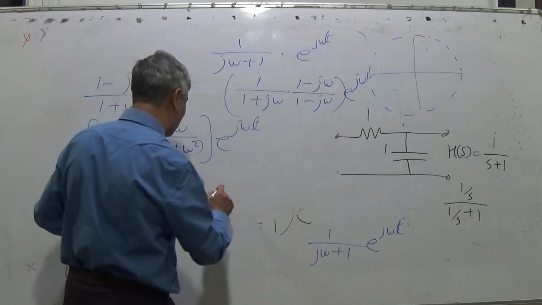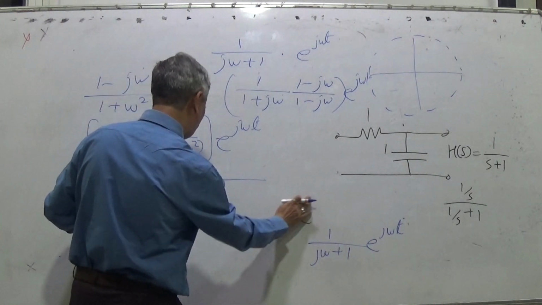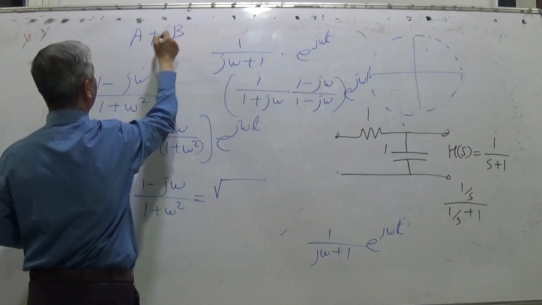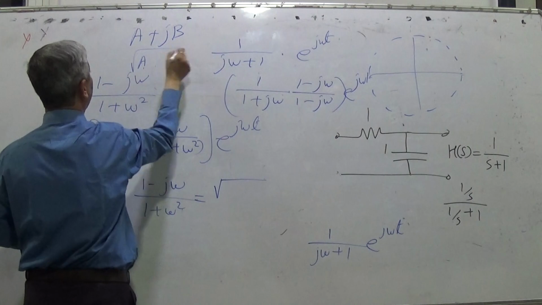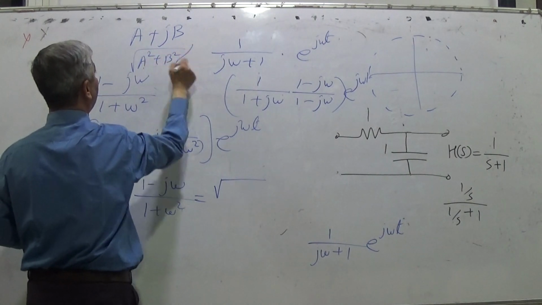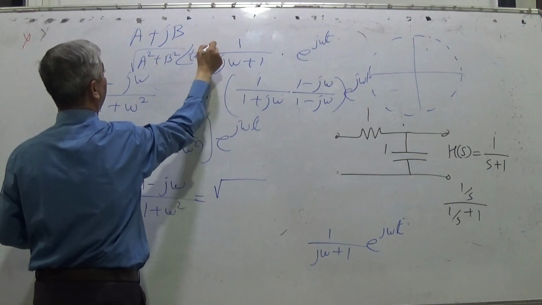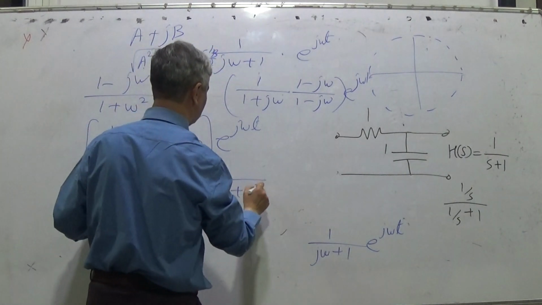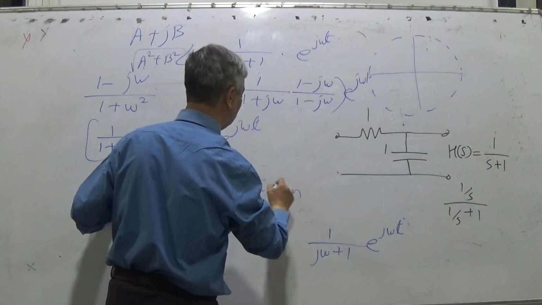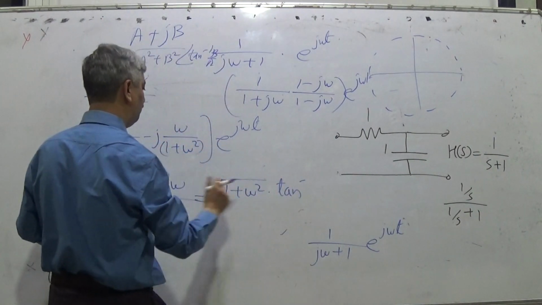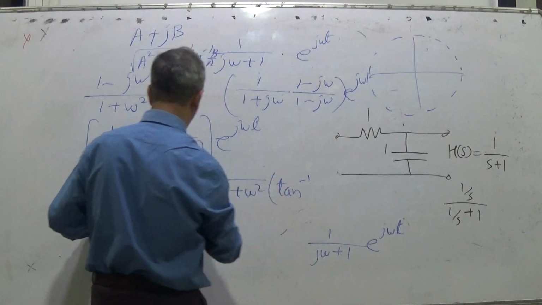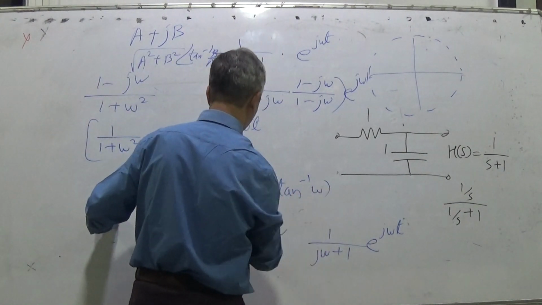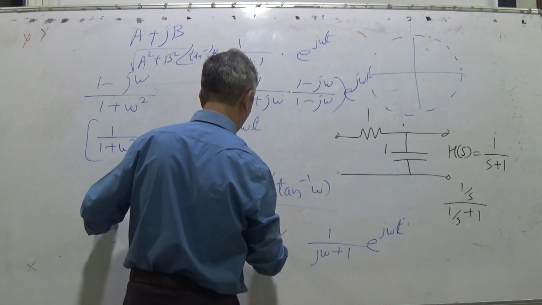This I can write in the polar form. How can you write a plus jb? A plus jb is under root a square plus b square, angle tan inverse of b by a. So it is under root of the sum of squares, with angle minus tan inverse of omega.